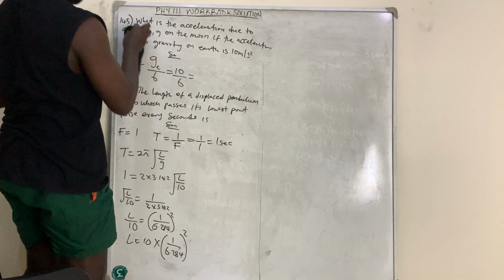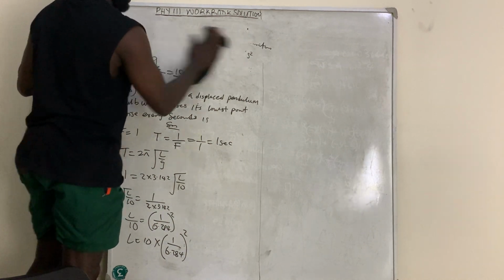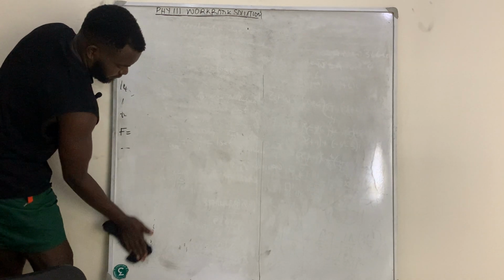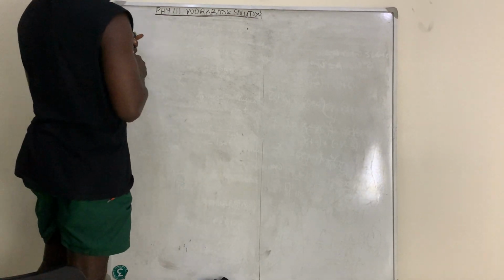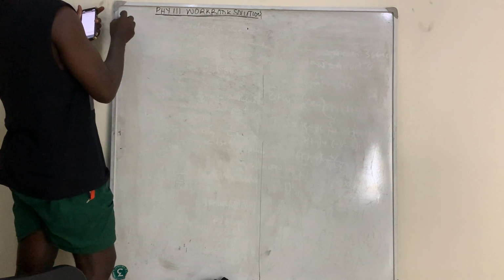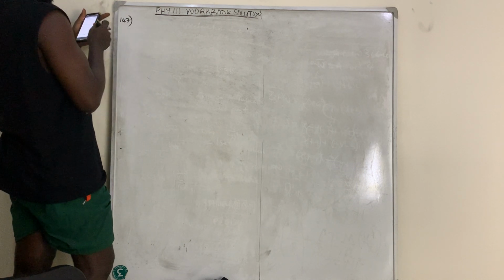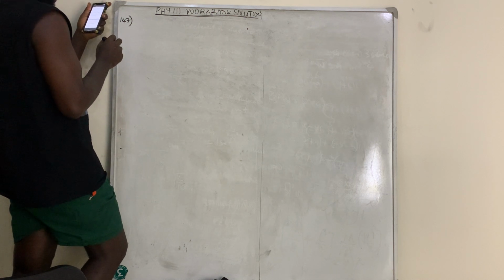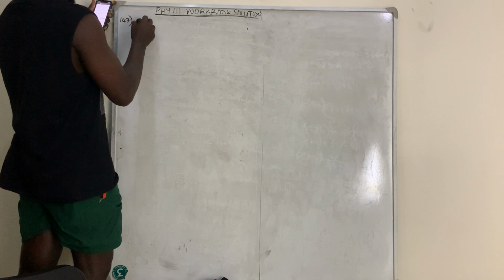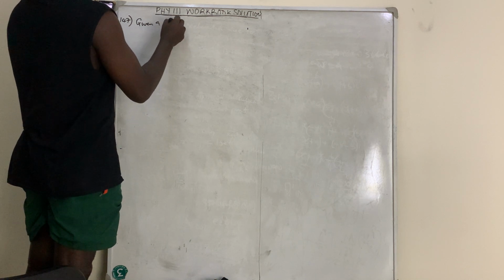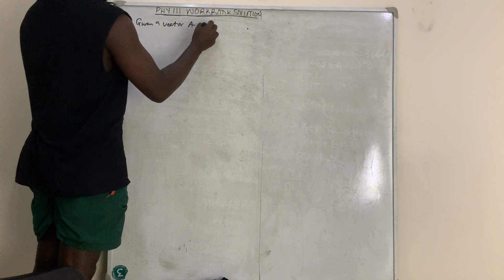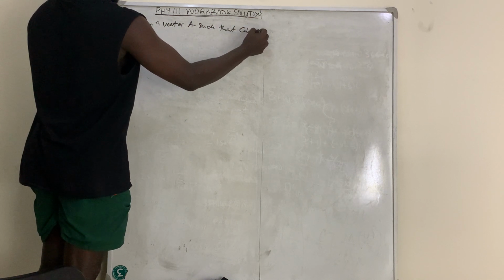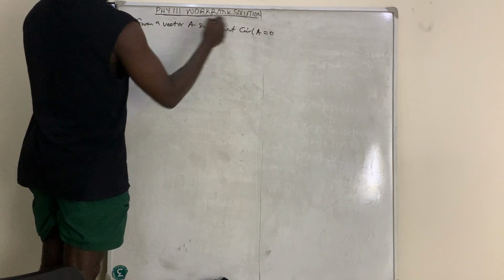So we'll move to question number 147. Question number 147 said, given a vector A such that curl A is equal to 0.